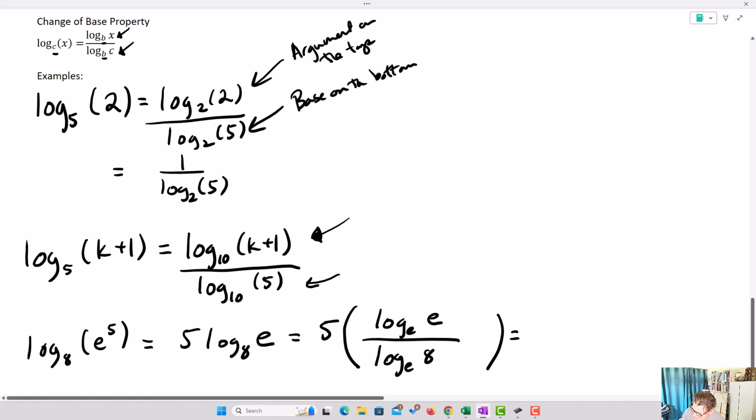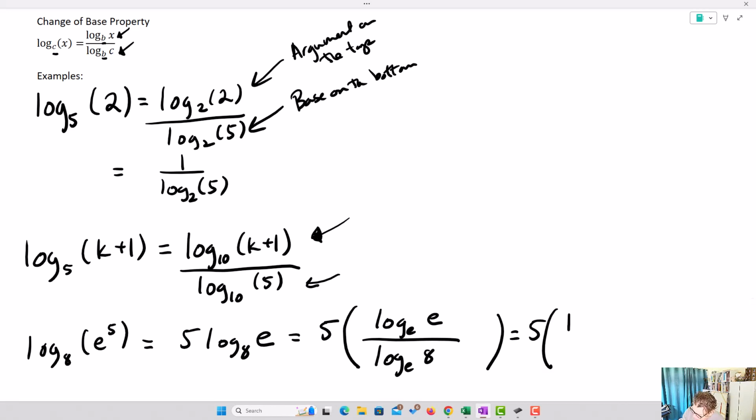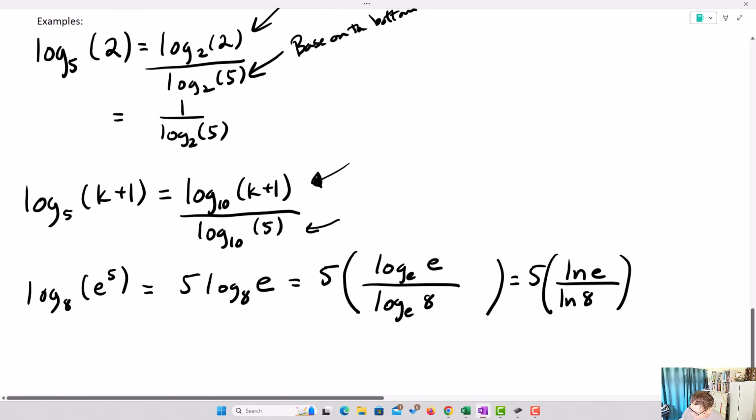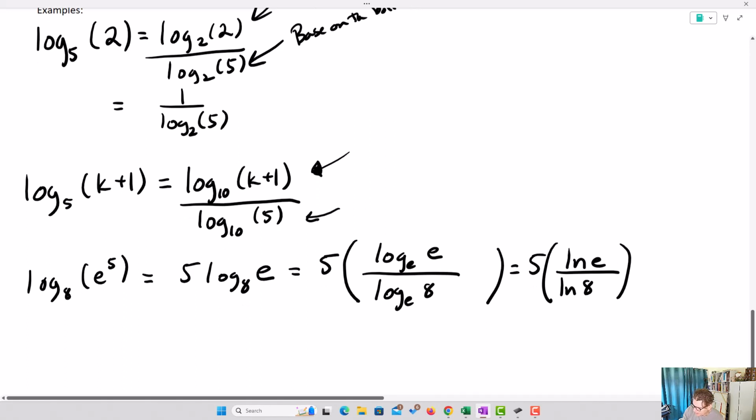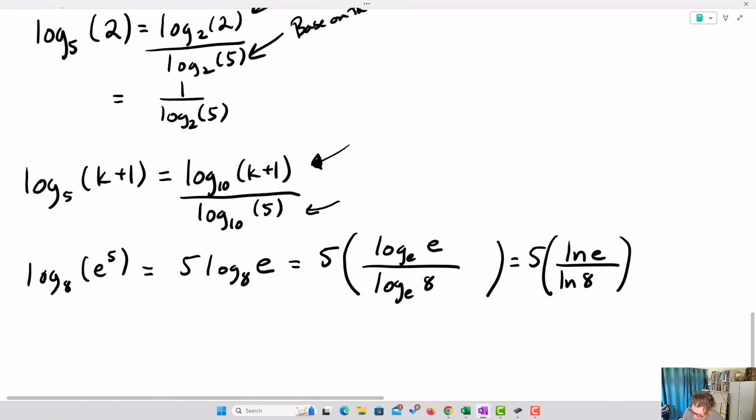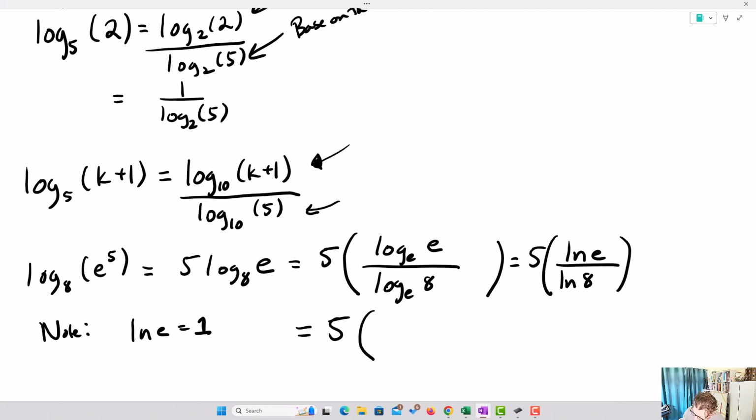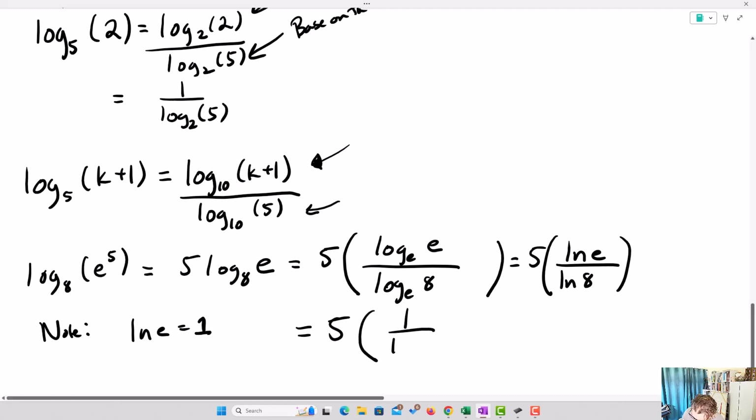And the way you're going to see that is 5 times natural log of e divided by the natural log of 8. One other thing, just in case you don't know that this is the case, a little note: the natural log of e is equal to 1. So what we've done here is we've taken 5 times 1 over natural log of 8.